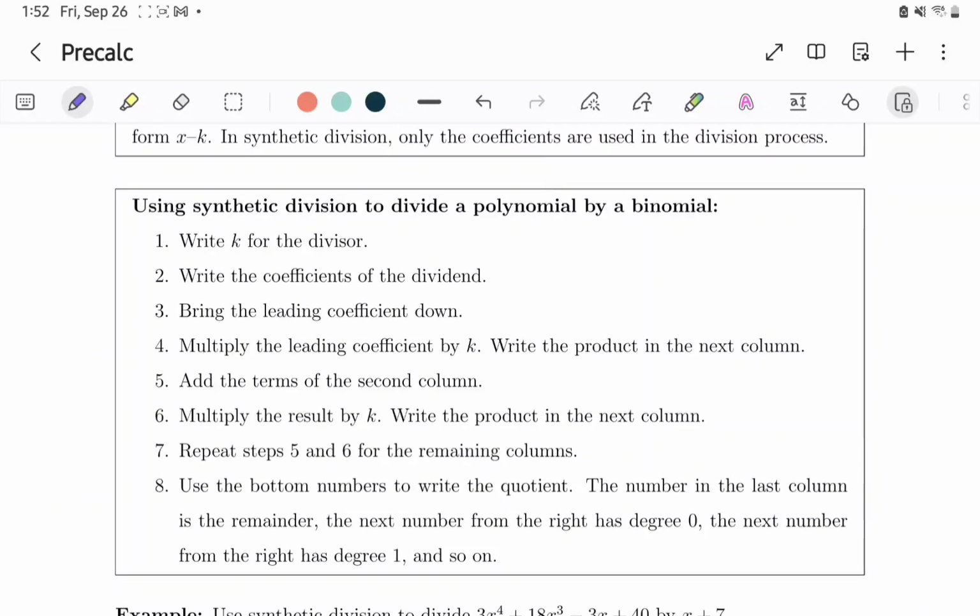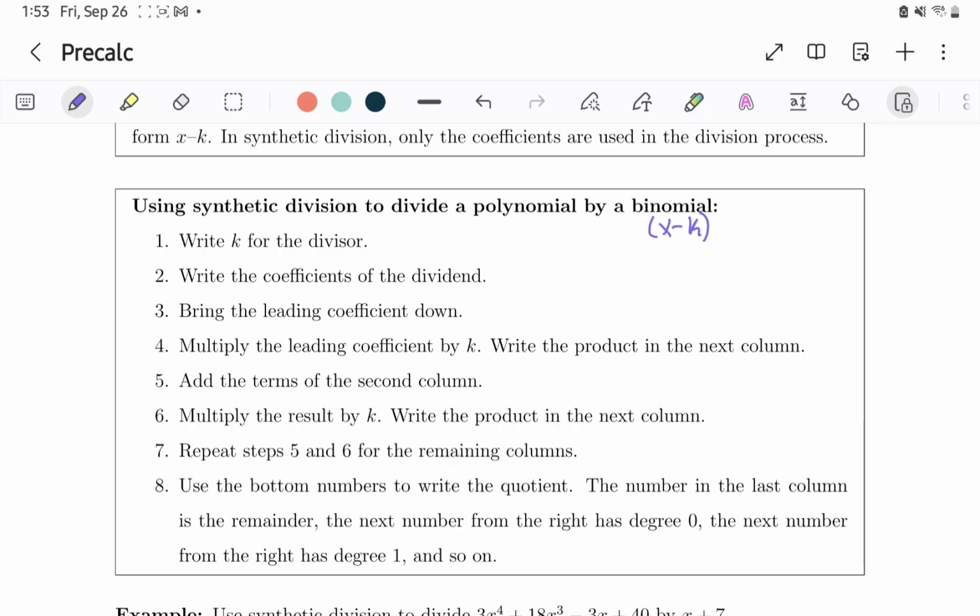And so the steps for using synthetic division, which again is only to divide a polynomial by a binomial of the form x minus k: what we want to do is write k for the divisor. So if we have x minus k for our binomial, then we're going to use a positive k for the divisor.